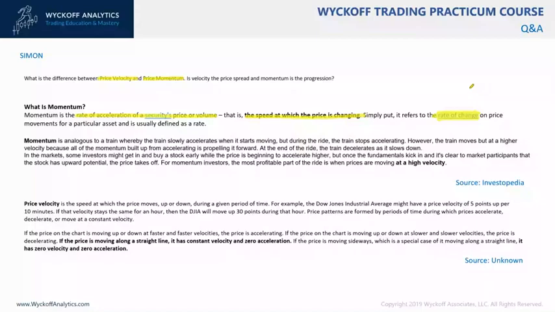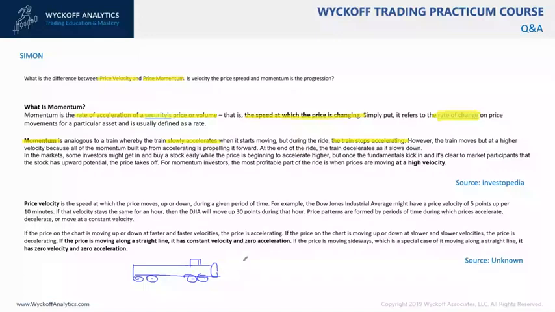Momentum is analogous to a train, and I love that definition, so let's go through this. Analogous to a train, the train slowly accelerates when it starts moving, right? But during the ride, the train stops accelerating. So think about this. Here is our train. I'm not such a big guy to draw all of this stuff, but okay.